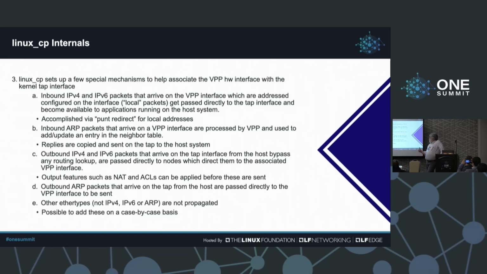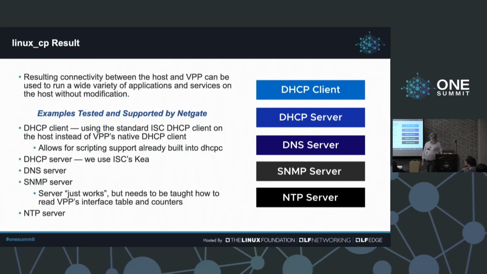And then outbound ARP packets that come from the kernel are passed directly to the outbound interface. Other ether types are currently not implemented, but they can be. There's a place to put this. So if you have some other ether type you really need to process, you can put it in. You have to implement some code to make that happen, but it's really not too hard.